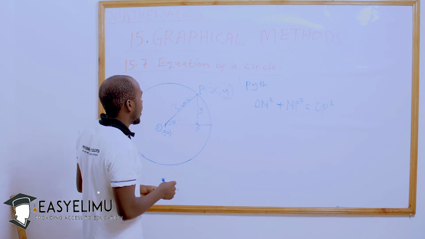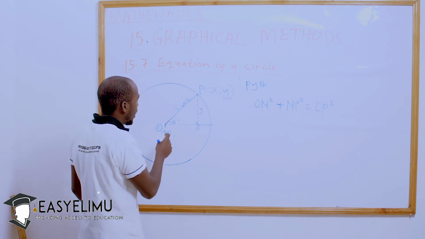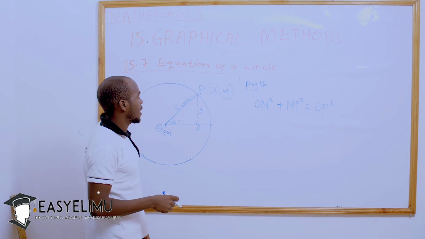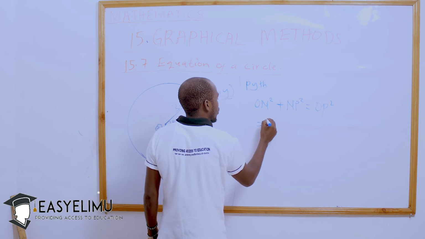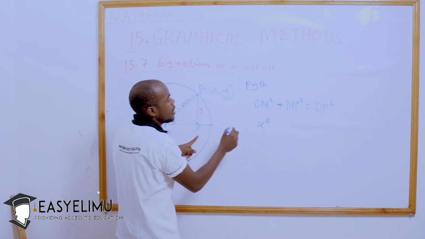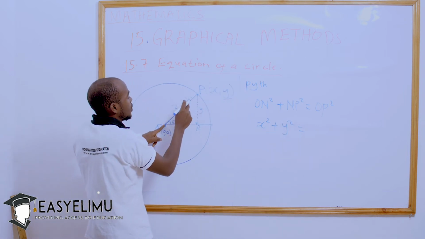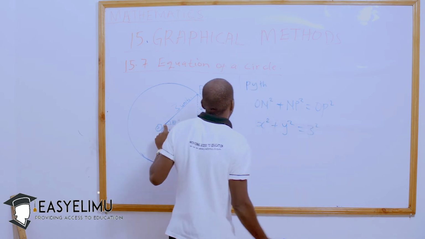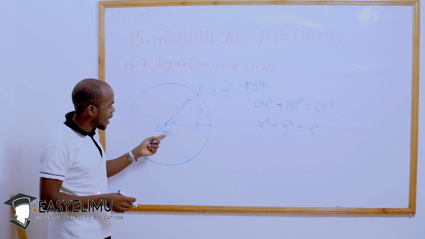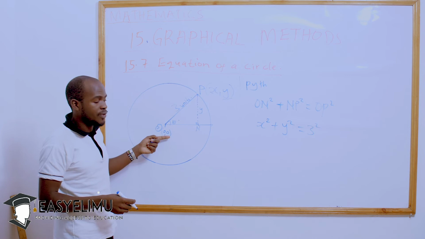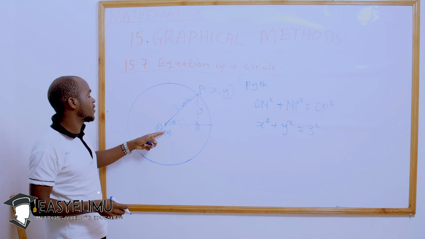So we can substitute and say that ON is x, so it will be x squared, NP is y, so y squared, and this equals 3 squared. This is only for a circle which has its center at the origin, 0, 0.